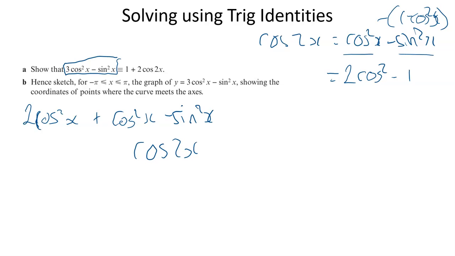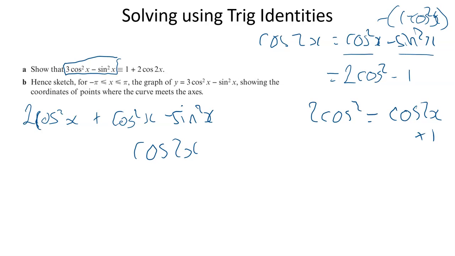And here we've got 2 cos squared. So we can rearrange this and say, well, 2 cos squared then equals, let's add the 1 to the other side, cos of 2x plus 1. So it's using the double angle formula, but rearranging it for the cos squared that we want to get out.